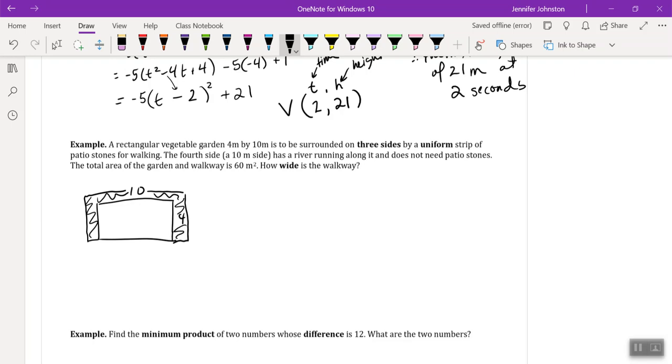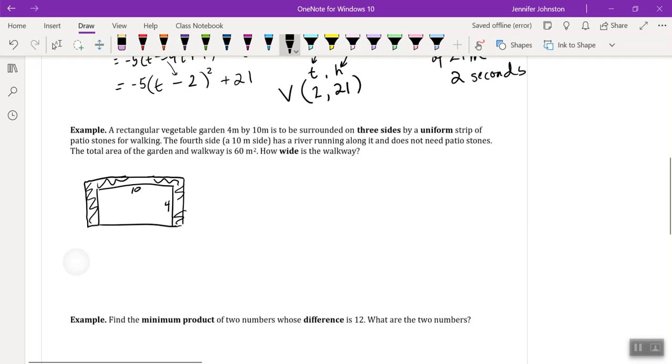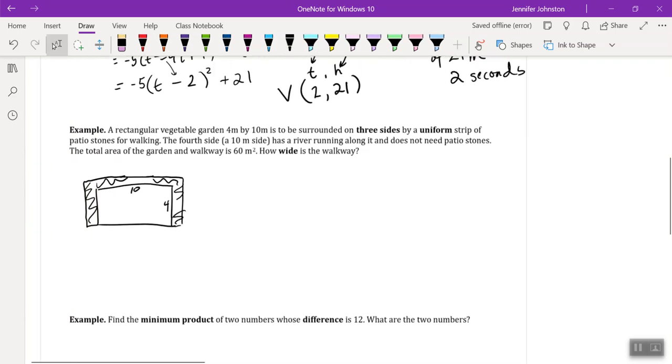This is a vegetable garden, which is 10 by 4. There we go. And then on the 4th side, a 10-meter side, there's a river along it that doesn't need a pathway.